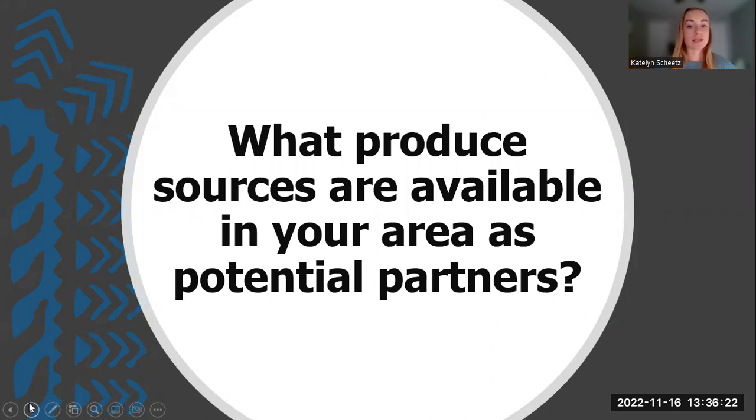So some areas actually have gleaning teams that will come through and pick produce to then donate it to local community organizations so that the produce doesn't go to waste. So it can be a great way to avoid food waste and reduce food insecurity.